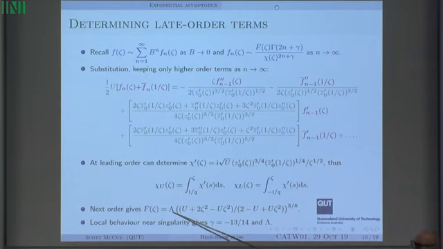You have to work harder and harder to get less important information, which is typically what happens. You can determine this constant gamma, and you have to do it numerically somehow.